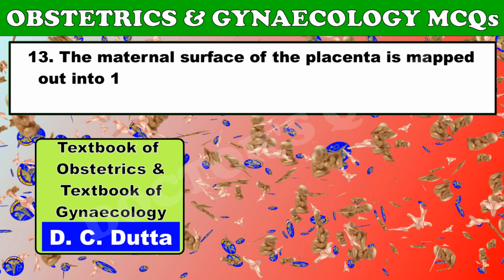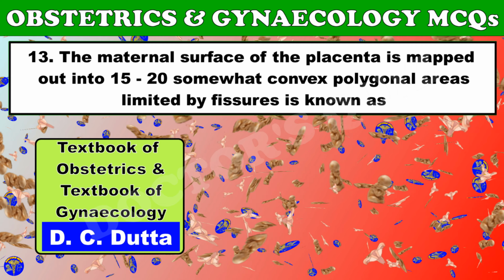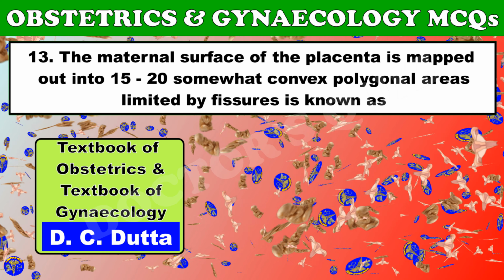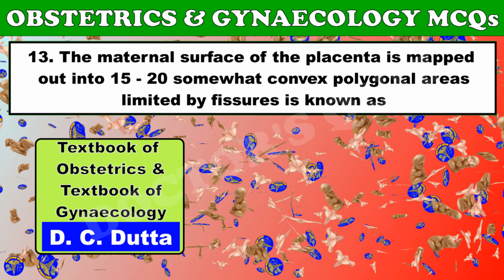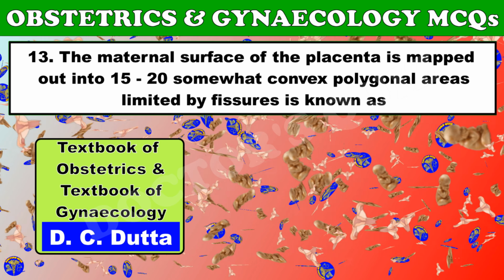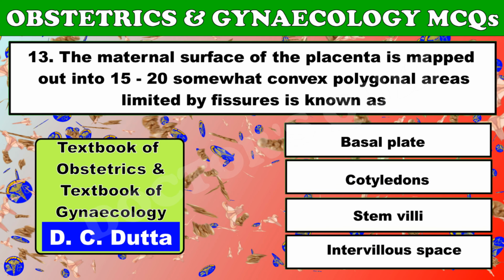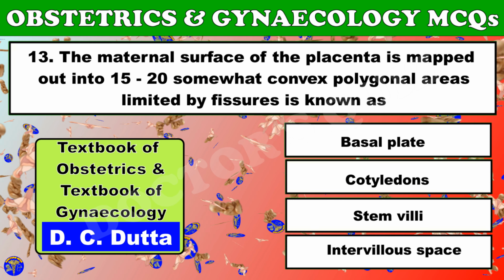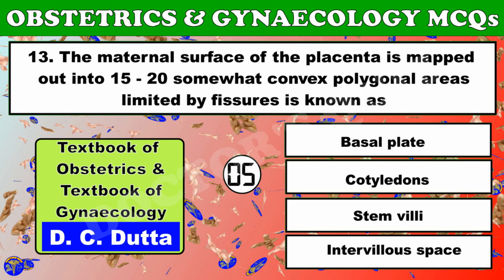The next question is, the maternal surface of the placenta is mapped out into 15 to 20 somewhat convex polygonal areas limited by fissures, known as? Options are basal plate, cotyledons, stem villi or intervillous space.